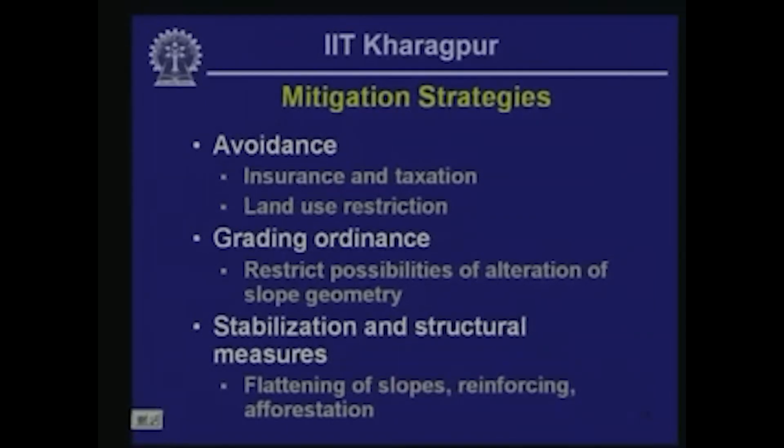Then many jurisdictions enact grading ordinances which restrict possibilities of alteration of slopes or performing excavation near a particular slope. You can also have stabilization measures or structural measures such as flattening of slopes, reinforcing of slopes, and installing a forest cover in an area to avoid possible landslide instabilities.